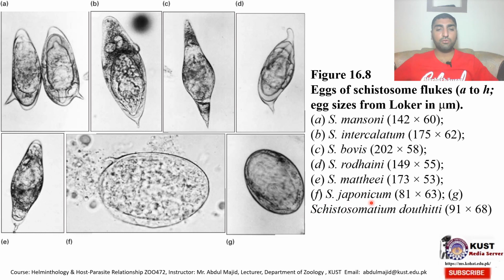In F, you can see Schistosoma japonicum, which is 81 by 63. And in figure G, you can see Schistosoma curassoni, which is 91 by 68 micrometers.